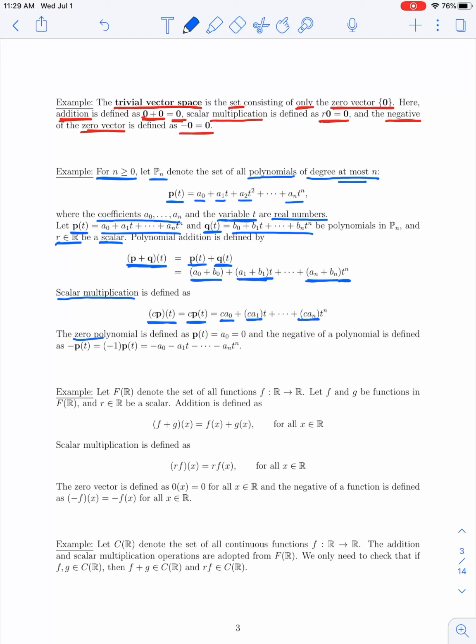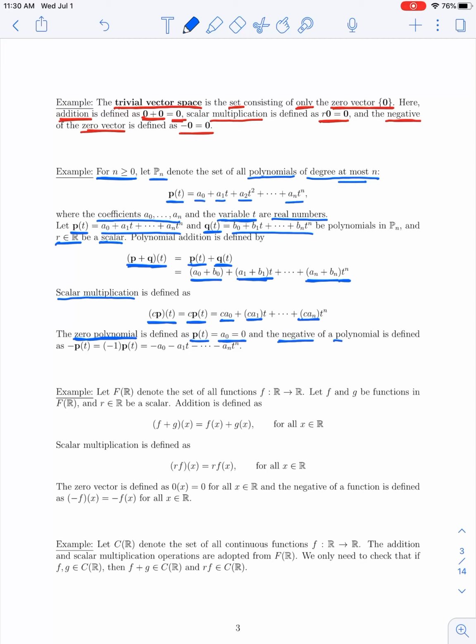Now, what is the so-called zero vector or zero polynomial for this set? Well, it would be the polynomial p of t where all of our coefficients are 0. That is, a0, a1, a2, a3, and so on are all 0. Or we could think of it as specifically the constant polynomial whose only term is a naught, where a naught is equal to the constant 0.